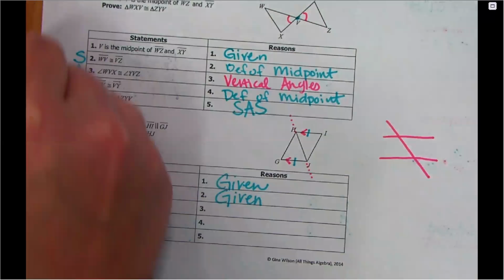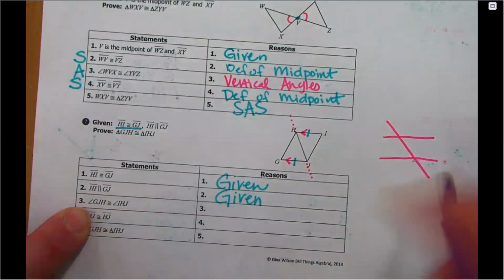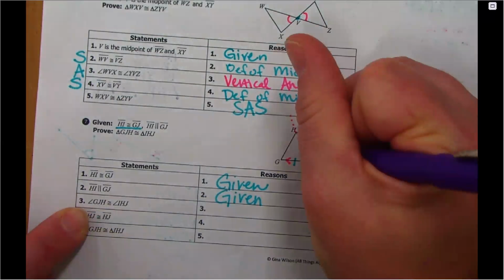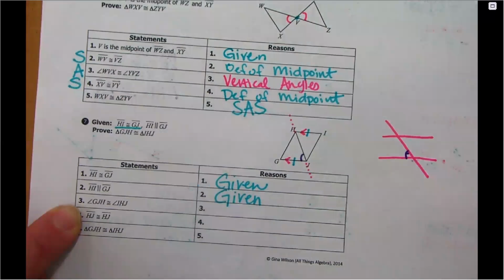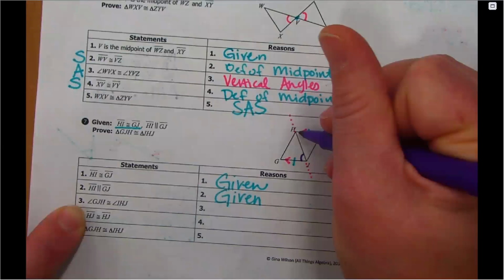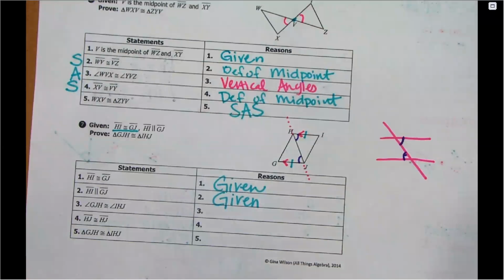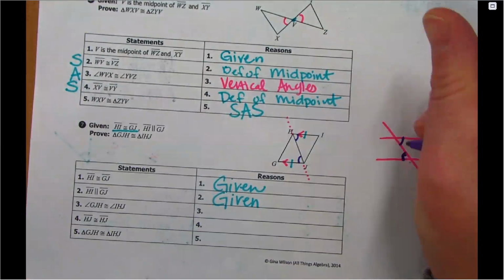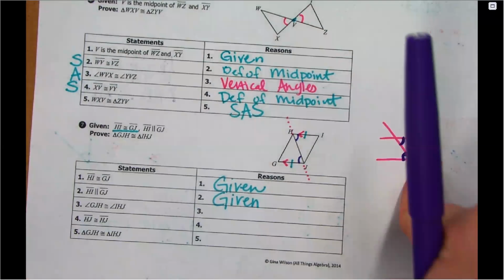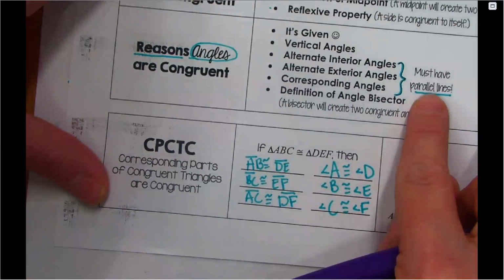So they are talking about GJH. GJH would be this angle here. And then we have IHJ. IHJ is this one here. Now, what would you say that these two angles are in terms of parallel lines? Well, if you don't remember, it's going to be one of these three options.